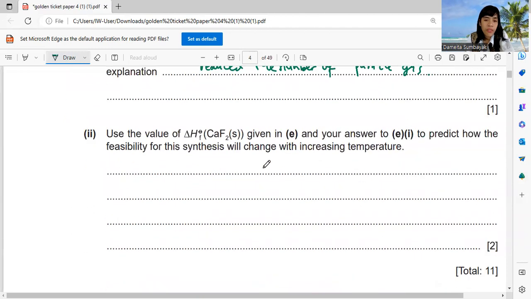Okay, use the value of delta Hf of CaF2 to give an answer to predict how the feasibility of the synthesis will change with increasing temperature. You have to know that there is a formula, delta G equals delta H minus T delta S system.